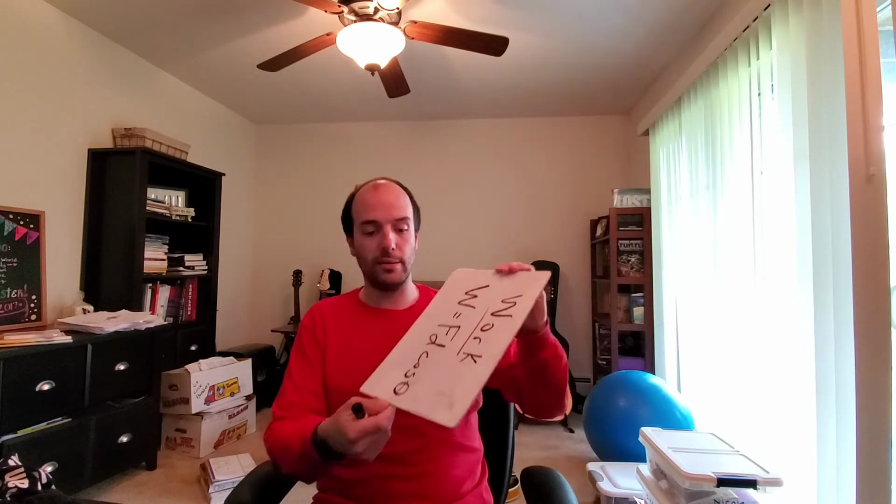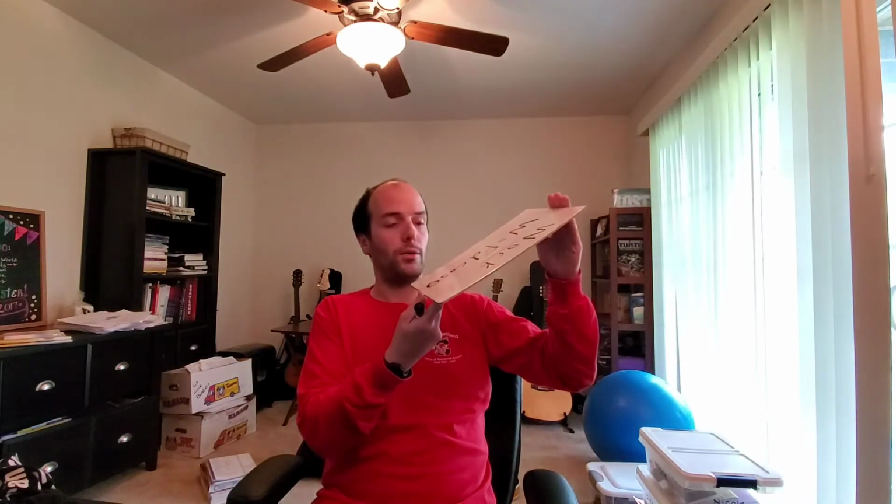You do work only if the force you apply actually makes it move and in the dimension that the force is applied. Okay? Now, let's say, for example, I'm pushing down, but the object is moving sideways. Maybe think of a lawnmower, for example.